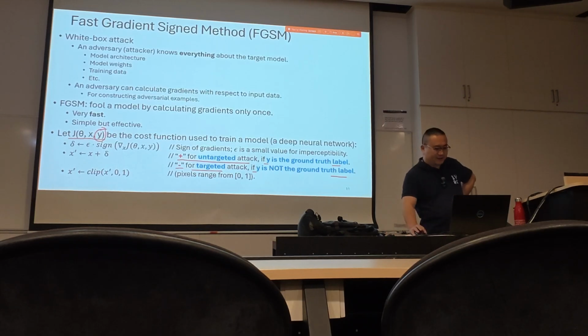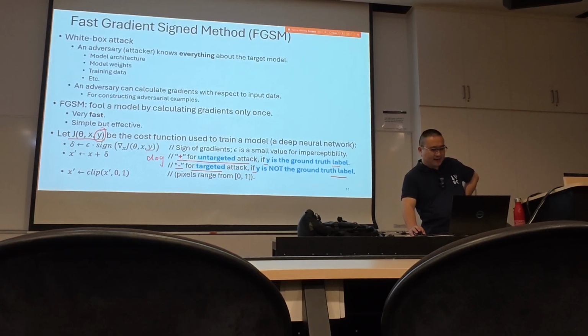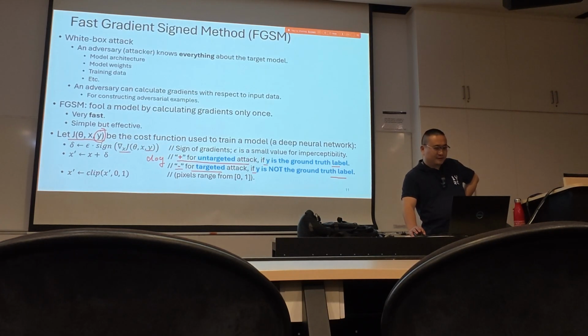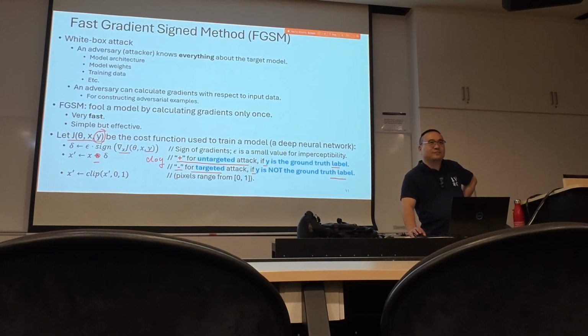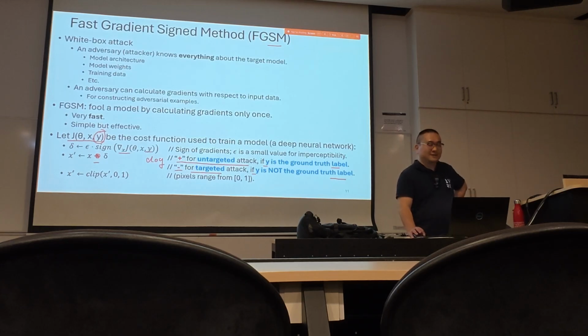So if we change y to dog, at the beginning the model will give a very large cost, or very large error. We want to lower the error, so that the model can correctly say this is a dog instead of saying this is a panda. That's why we move in the opposite direction of the gradient, just like when we optimize the model parameters. And this is the fast gradient sign method for untargeted attack and also targeted attack.